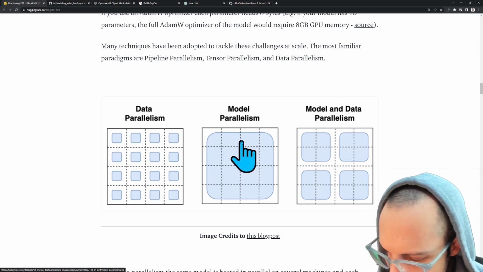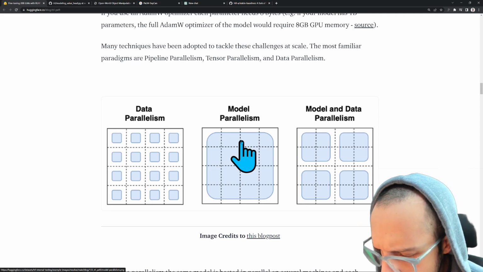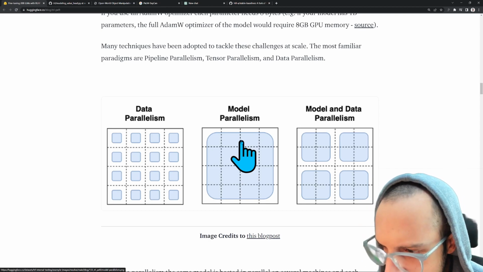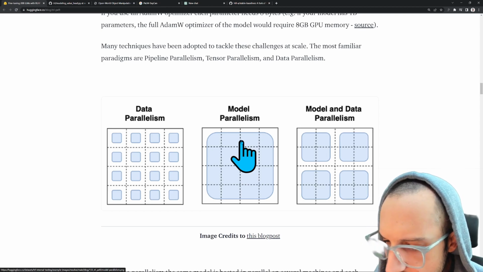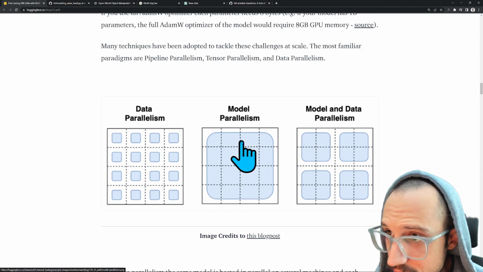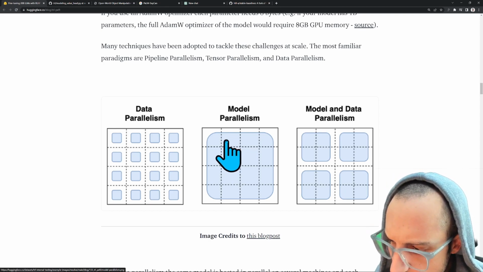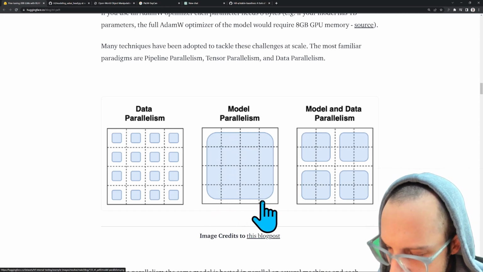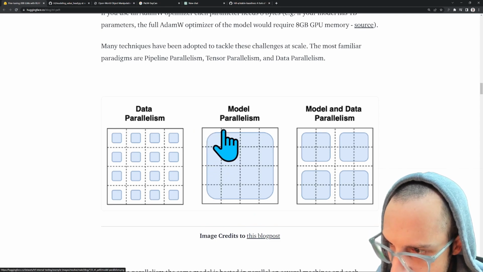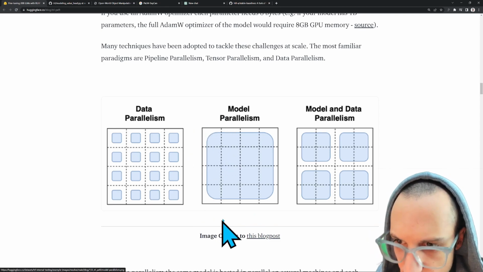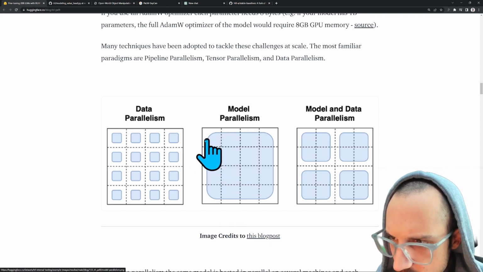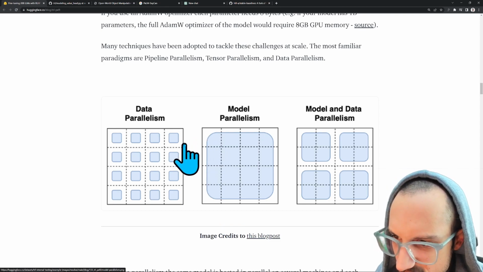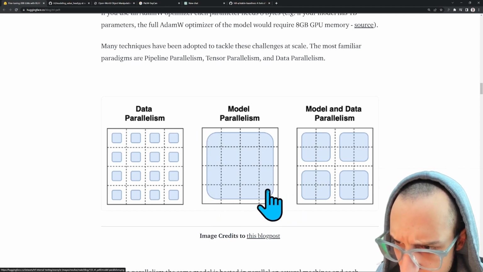Usually that data is coming in batches. So the model is training on a single batch of data at a time. And then the model itself is composed of all these different weights, right? So you could say, each of these little squares here represents one GPU, one compute node. And you could say, I'm going to take my big giant model and split it over all of my computers.